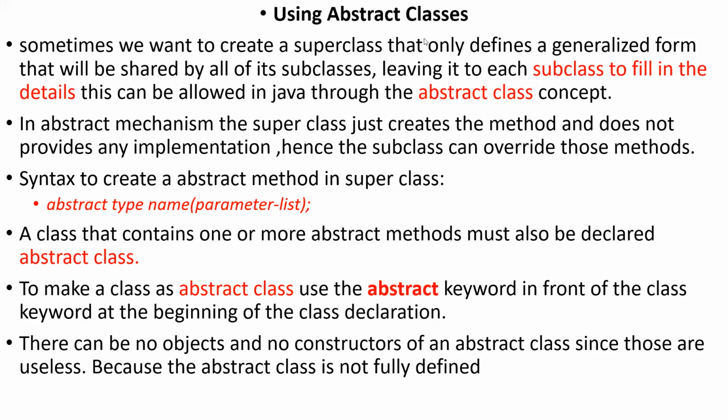How to declare it is simple. You have to include the abstract keyword before the method as well as before the class, and then automatically those become abstract class or abstract method. Simple thing.